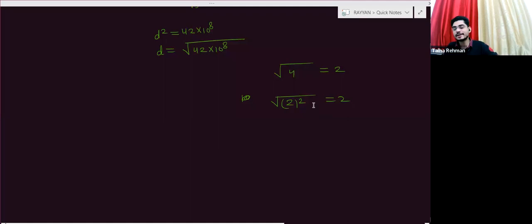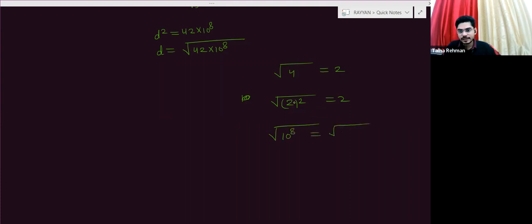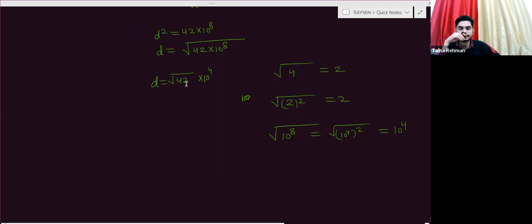If something squared is written under the root, it becomes the value. So for 10 to the power 8, I can write 10 to the power 4 square. That is why it will be 10 to the power 4. There is no need to calculate that, but you have to calculate the root of 42 with the calculator.